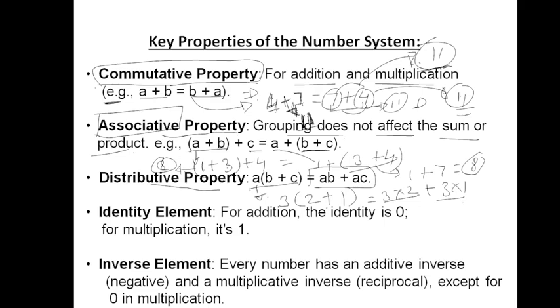Let's solve it. 2 plus 1 is 3. 3 into 3, 9. Here, when we solve this part, 3 into 2 is 6, plus 3 into 1 is 3, and finally we get 9. Both answers are the same.